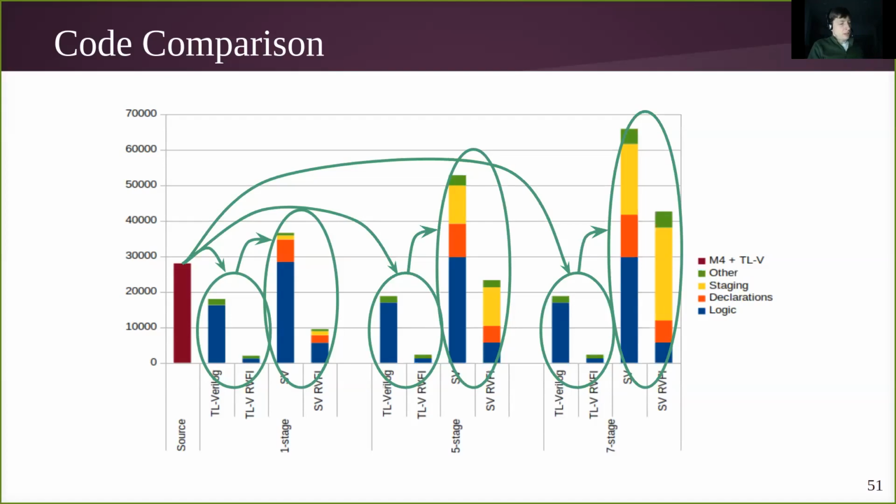So all of the occurrences of that signal name, well, not just the pipeline stage, but also the scope is reflected in the signal names, where in transaction level Verilog it's not. And you'll see as the pipeline gets deeper and deeper, the bars grow, in particular the staging logic, as well as the signal declarations, as you would expect.